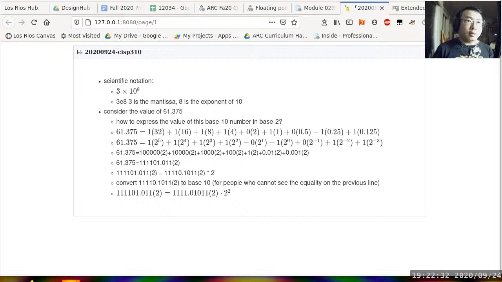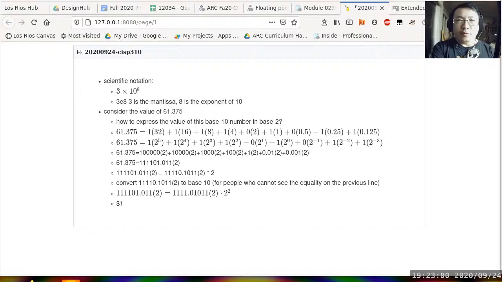So are we still doing okay with this? You can see every time we move the binary point to the left, we have to multiply the value by 2 if we want the expression to express the same value, if we want to preserve the value. So using this method, let's move that point 3 more times to the left.